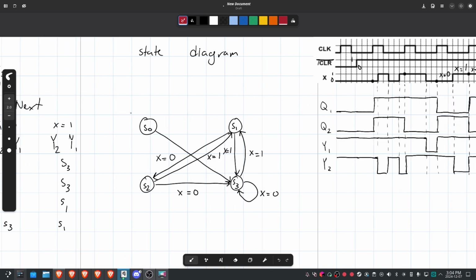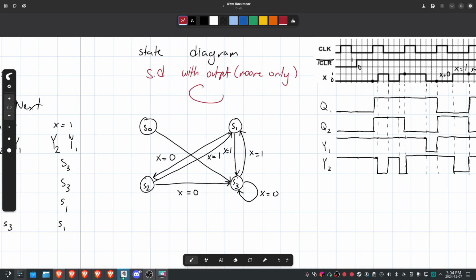For a state diagram, all we would do, so state diagram with output. This is for a Mealy only. I'll show you how a Mealy state diagram works. You're going to have the state here divided by the output.